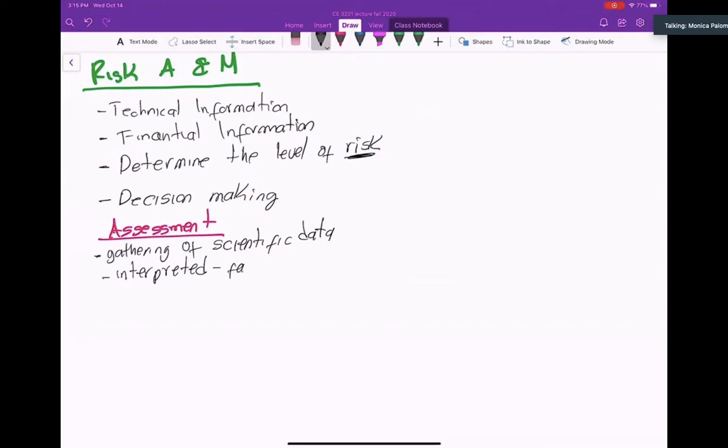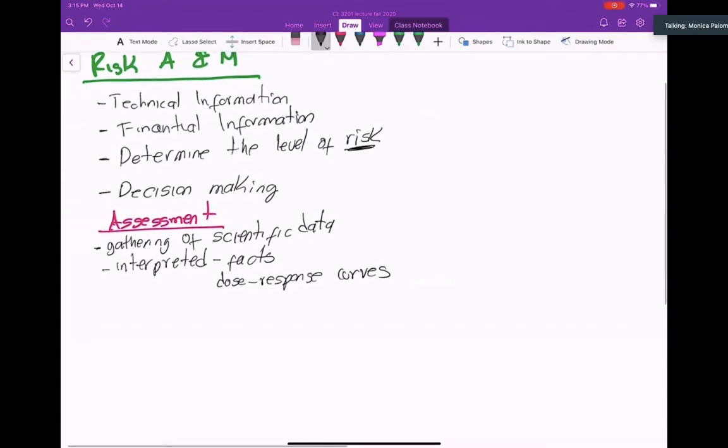The facts. These are facts. And if we want to talk in terms of the language of risk and assessment, it will be those response curves, and we'll talk about what they are or how they look like. And other information related to it.